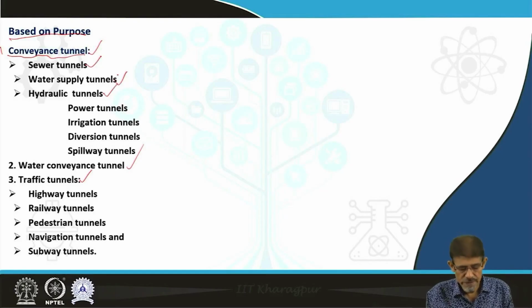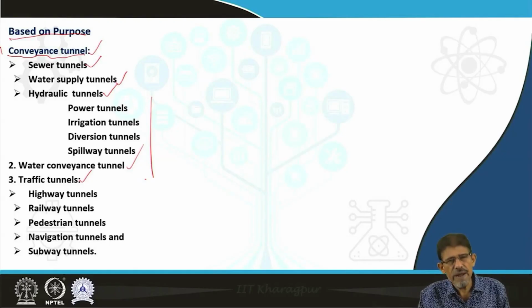hydraulic tunnel. This hydraulic tunnel can be further divided as power tunnel, irrigation tunnel, diversion tunnel and spillway tunnel. The same categories we are getting here. The traffic tunnel is covered under this point 1.